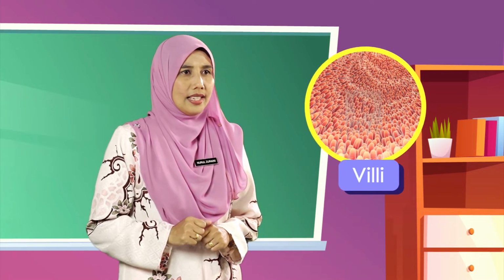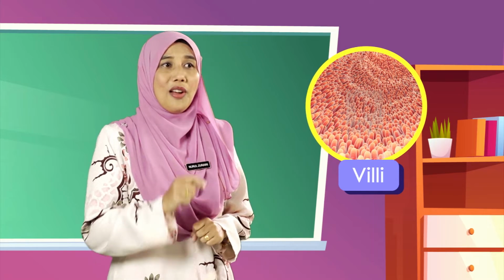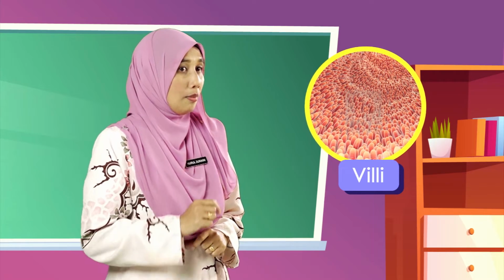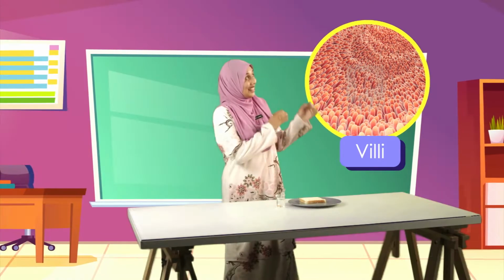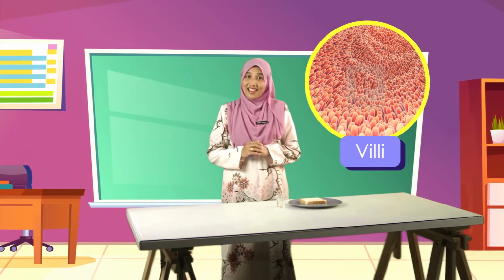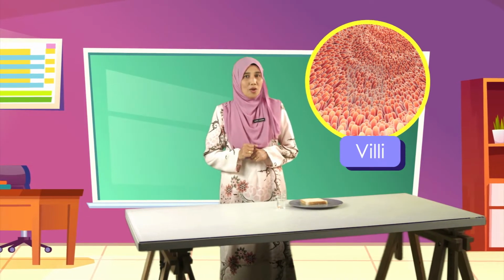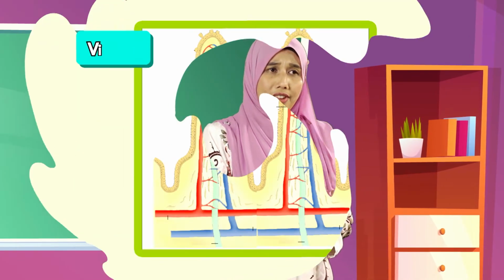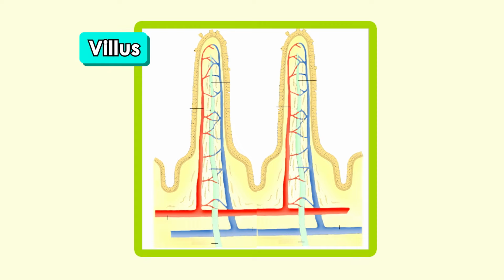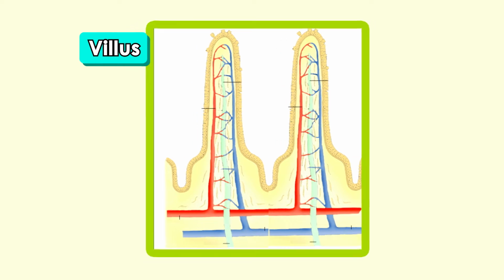This increases the surface area for the process of absorption of digested food. This is what the villi look like on the small intestine wall. And boys and girls, this is how the villus looks after it is enlarged from millions of villi. The villus is a single villi.